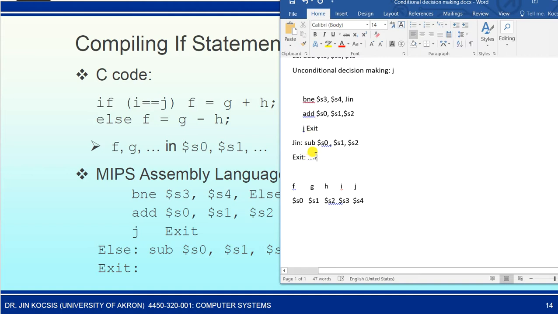I said I will explain why. We will talk more later when we talk about the corresponding machine language for branch equal and branch not equal. But here I want you to know that the computer only recognizes sequences of binary numbers. They definitely cannot understand ASCII. Therefore, although we use ASCII in assembly language, what the computer actually sees is a binary number associated with this label. That binary number is associated with the memory address of the instruction with this label. Let me say it one more time.